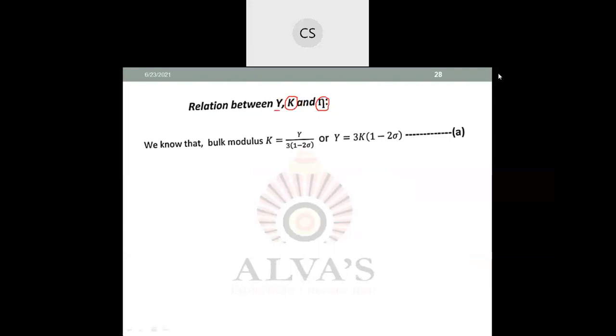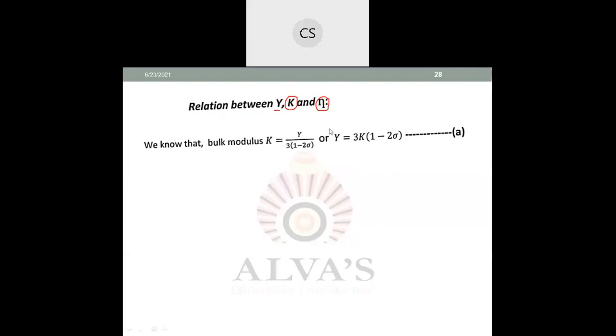Just now we have seen the expression for bulk modulus, that is K is equal to Y by 3 into 1 minus 2 sigma.